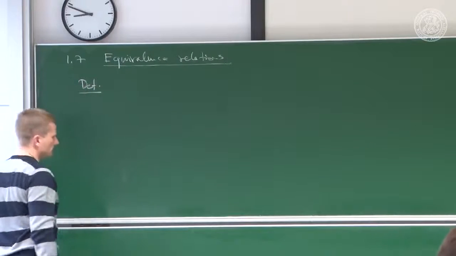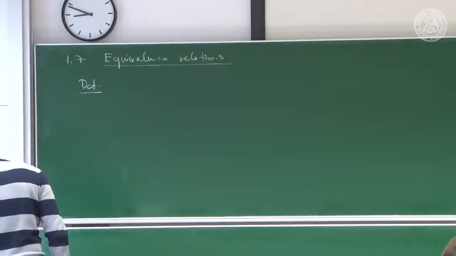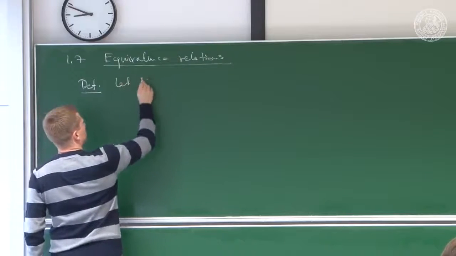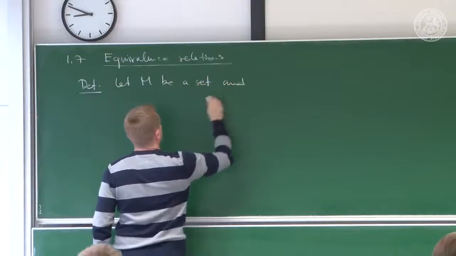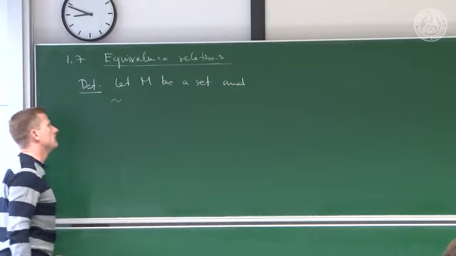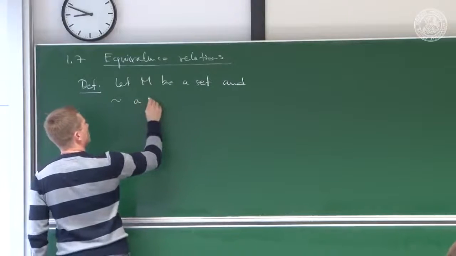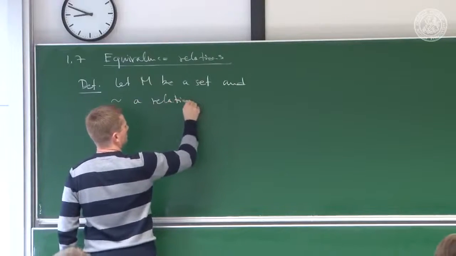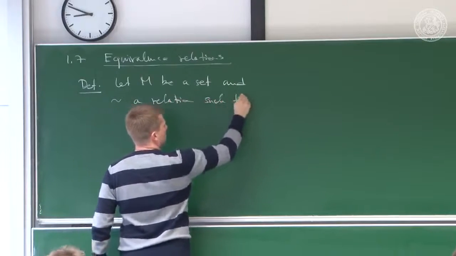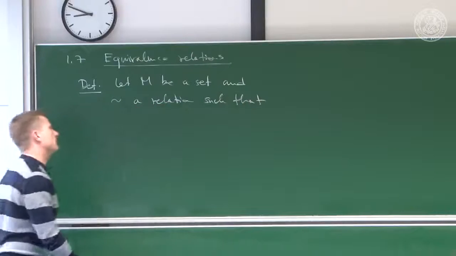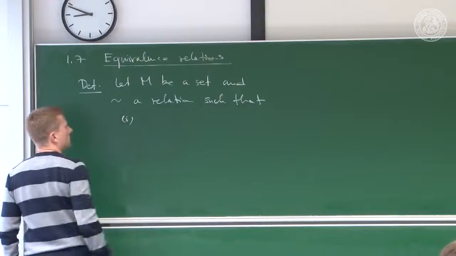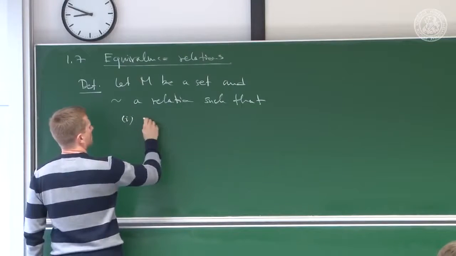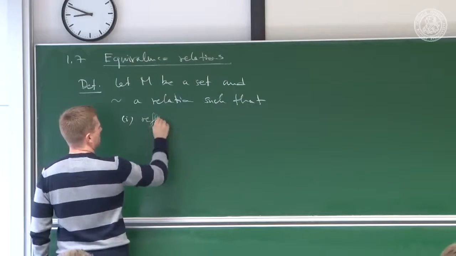Definition. Let M be a set and ~ (twiddle) a relation such that there are three axioms to be satisfied. The first one we call reflexivity.